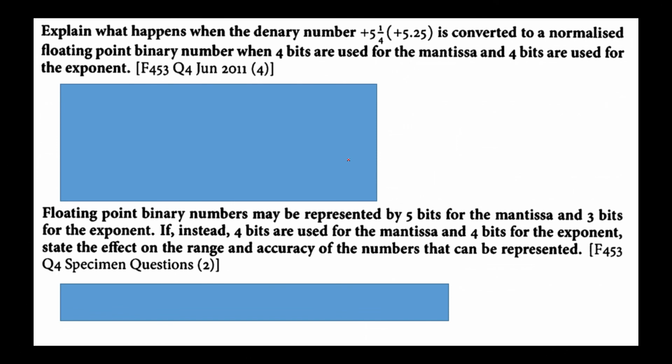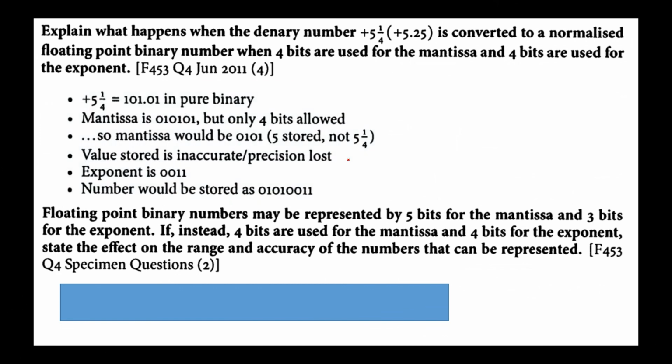Right, so explain what happens when the denary number positive 5 and a quarter is converted to a normalized floating point binary number.